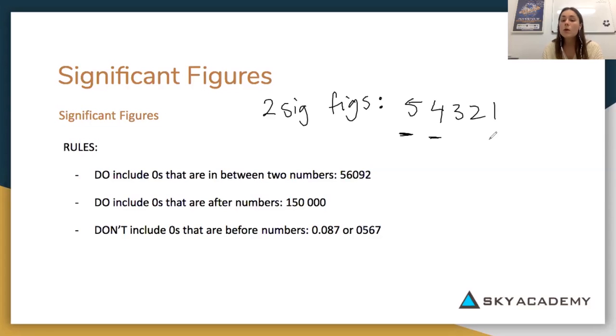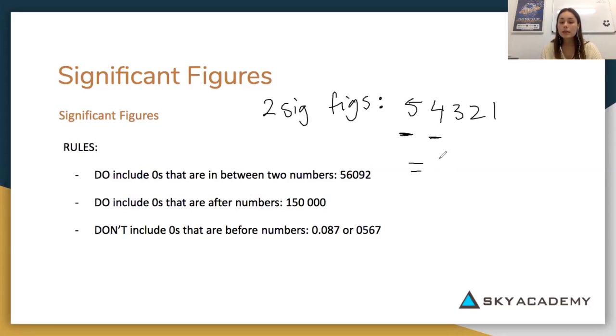So if we were to keep only the first two place values or the first two significant figures in the number, we have to look at the third number and we think, do we round up? If it's 5 or above, you round up. If it's below 5, you don't. Because 3 is below 5, we're not going to round up our 4. So we're going to leave our 4. So our two significant figures will be 5, 4.